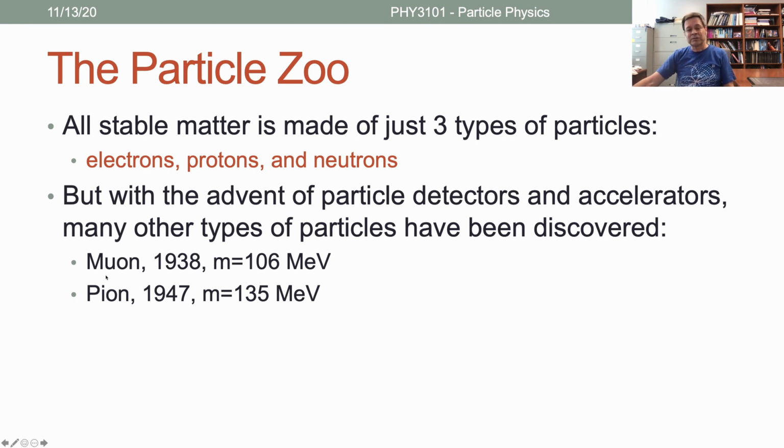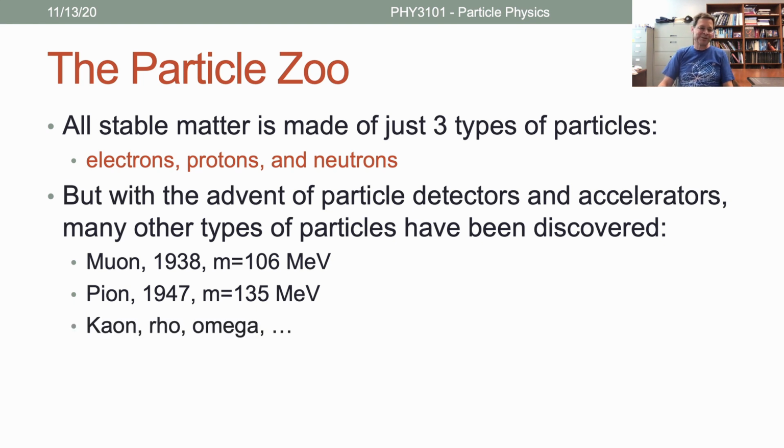But shortly after that, in 1947, the pion was discovered, with a mass of 135 MeV. And you can see we're borrowing from the Greek alphabet. This was known as the mu meson, and the next as the pi meson. That got a little cumbersome to say. Mu meson became muon, pi meson became pion.